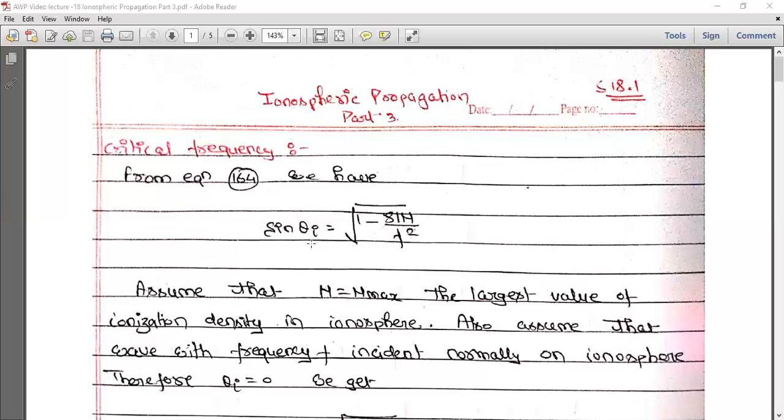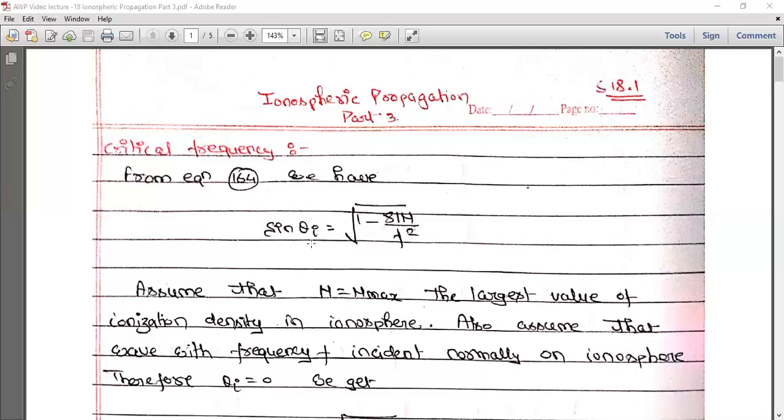Rather, we have some graphs in our books also. Using that graph, you can find the altitude at which you can find this electron density in the ionosphere. Along with this assumption, we also assume that a wave with any frequency f is incident normally on the ionosphere.